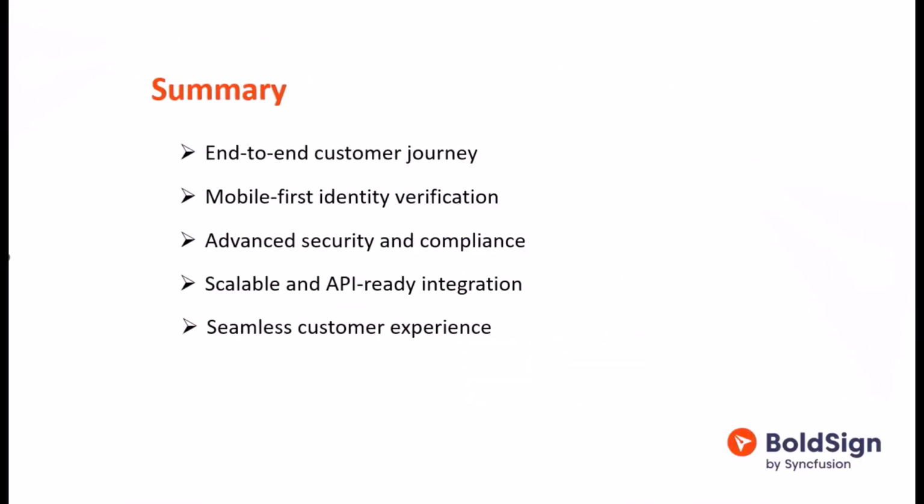And with that, you have now seen how BoldSign and Evrotrust work together to deliver a complete qualified electronic signature workflow, from sending documents and verifying signer identities to compliant signing and audit tracking. BoldSign manages the document workflow, while Evrotrust provides mobile-first identity verification, eIDAS compliant signing, and scalable API-driven integration, creating a secure and seamless signing experience.